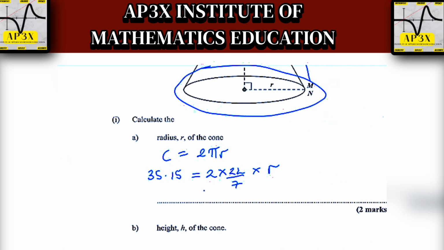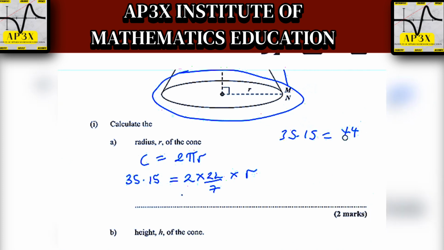So therefore this becomes 35.15, and that's going to be equal to 44 over 7 multiplied by r.